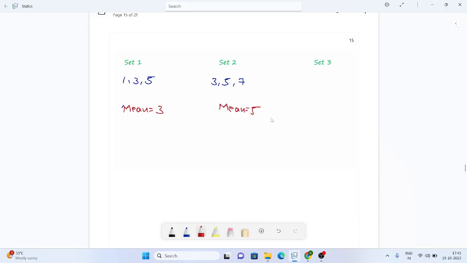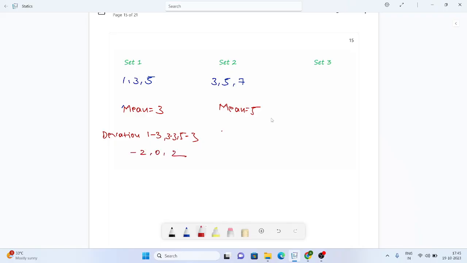Now you tell me the deviation. If I calculate the deviation from the mean, 1 minus 3, 3 minus 3 and 5 minus 3, the deviations are minus 2, 0, 2.